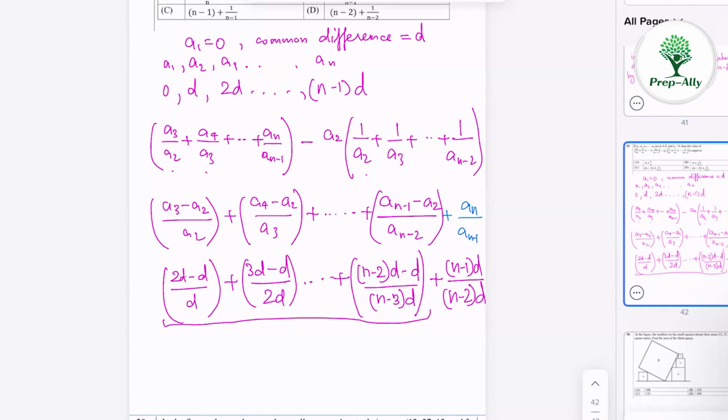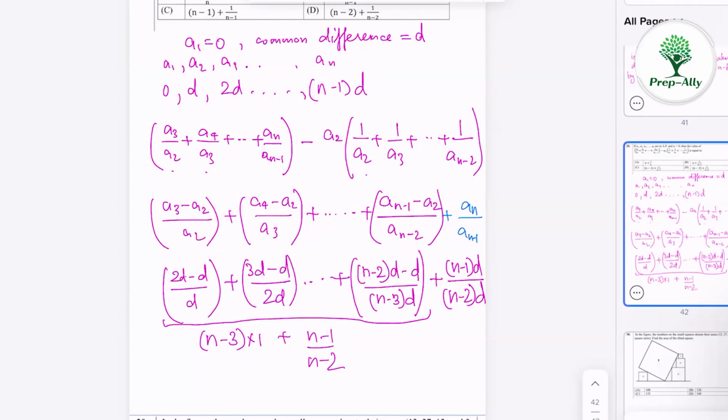So 2D minus D by D is 1, 3D minus D by 2D is 1, up to N minus 2D minus D by N minus 3D is also 1. So we just need to see how many terms these are. We have D, 2D up to N minus 3D. So this is N minus 3 times 1 plus we have N minus 1 by N minus 2.